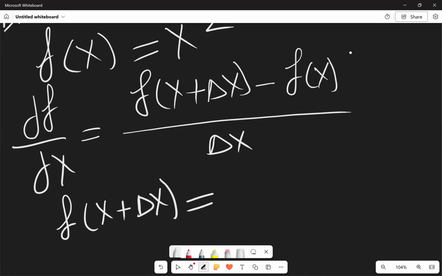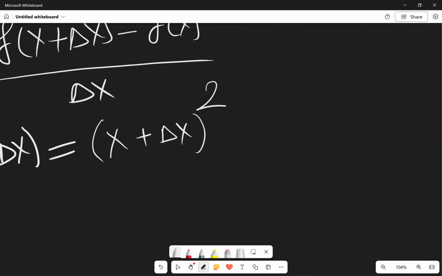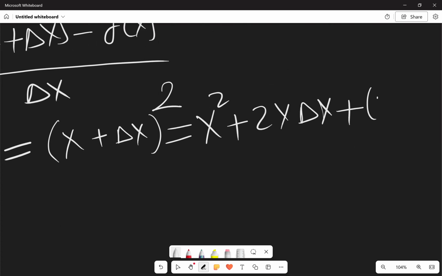Our function here is x squared, so we're going to substitute x plus delta x for the x, so it's going to be x plus delta x all squared. And that is equal to x squared plus 2x delta x plus delta x all squared.